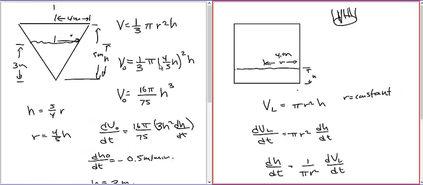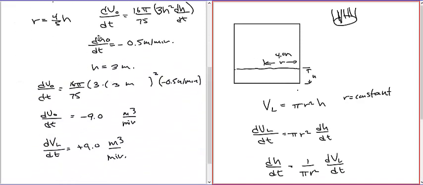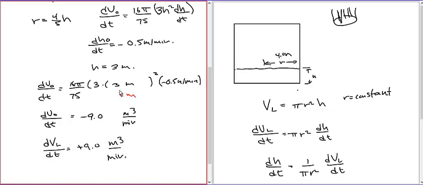Now the only thing that's going to change if we do the second part is this: the only place the height of the cone comes into play is here. So what we would do is for 1 meter height, we'd have that squared. And so let's just plug everything else in. So you get 16 times pi divided by 75 times 3 times 1 squared times minus 0.5.